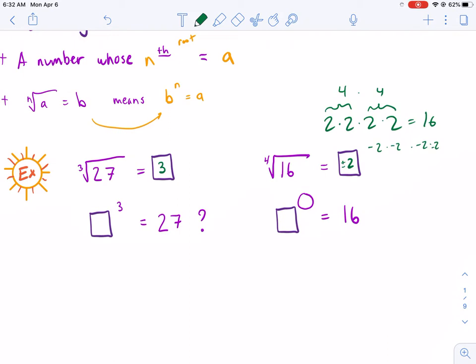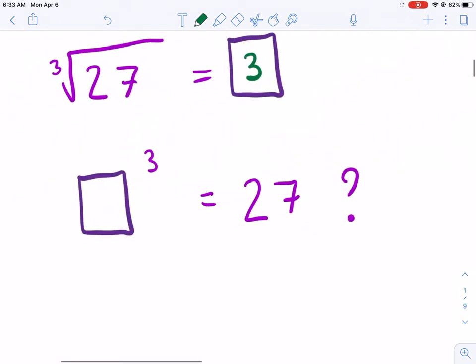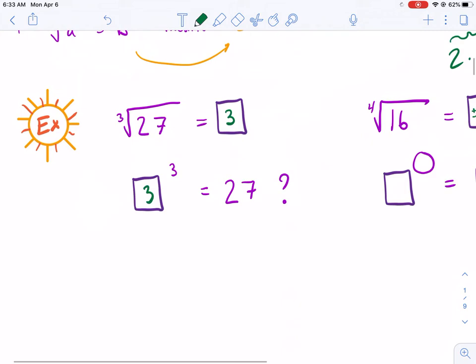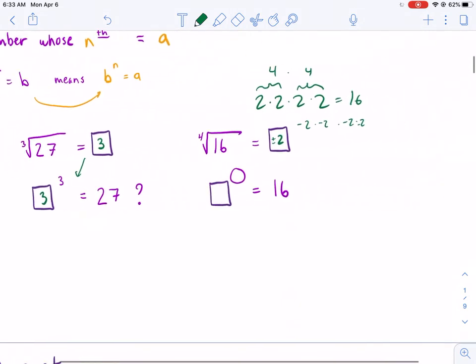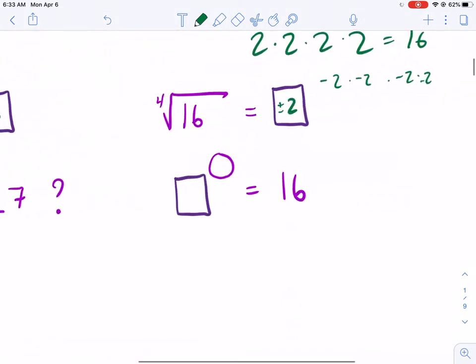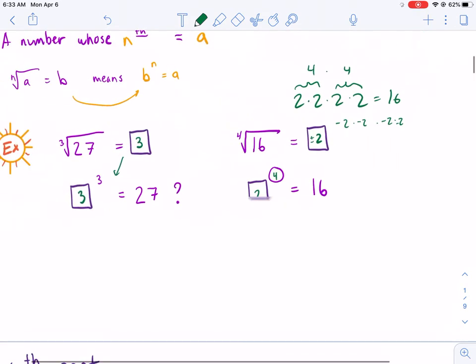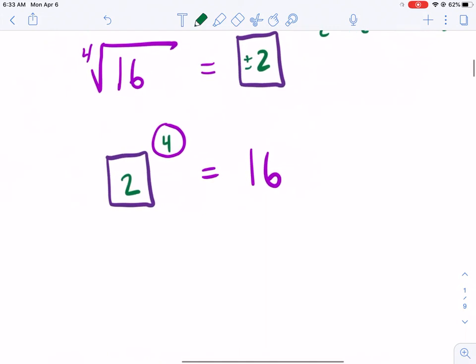This is just the reverse, so now we're saying, okay, what cubed equals 27? So that is clearly 3, because we're just doing the opposite as above. And then what to the something power equals 16? So we can say, all right, 2 to the 4th power equals 16. This is another way of thinking about it, okay?